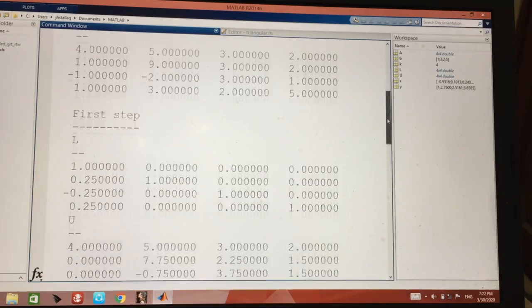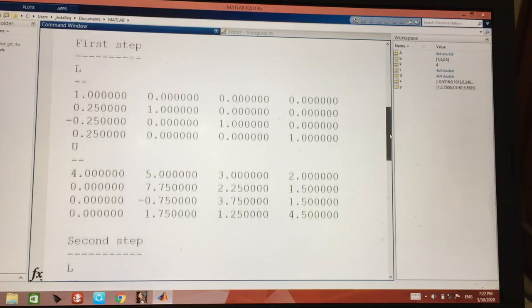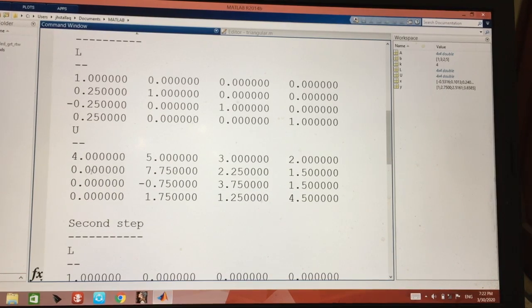The first step, what we are modifying in upper, we are eliminating these 3 elements, and we transfer them to in here. So let's look at the first one.